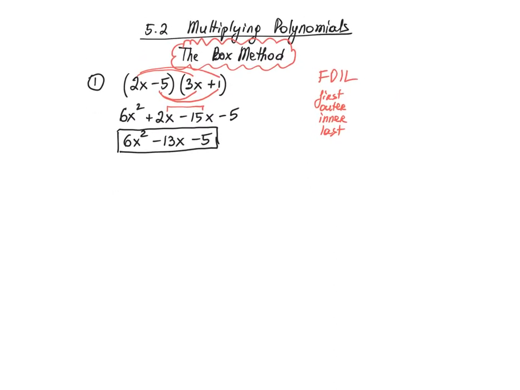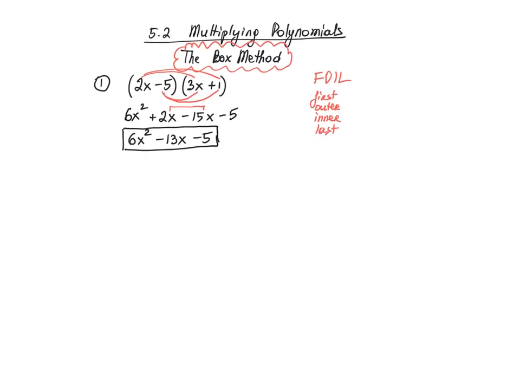So what is this box method about? The idea is that you create a box or table with as many rows and as many columns as you need to represent the terms of each polynomial you multiply. Since I'm multiplying a binomial times binomial, or two-term times two-term expressions, I need a 2x2 box.